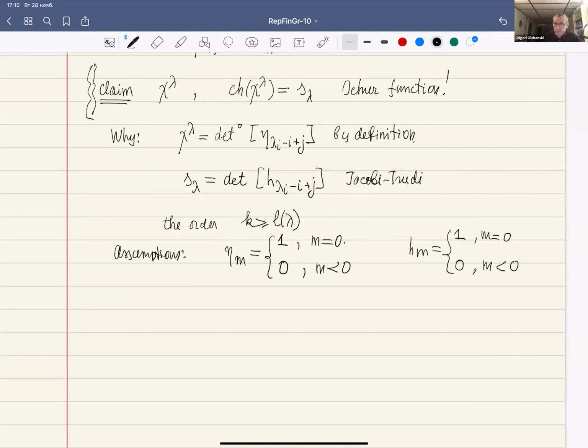So the assumptions are exactly the same. And finally, we know that our map takes it to the Schur function.